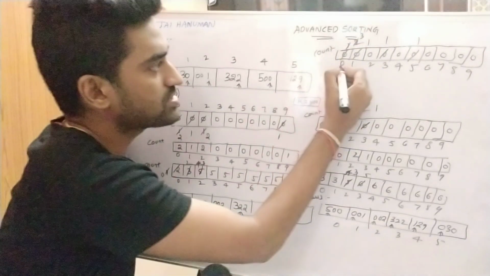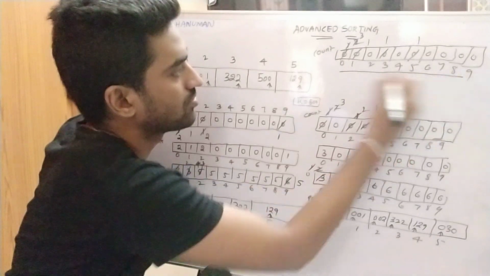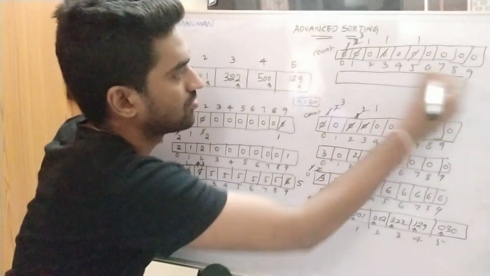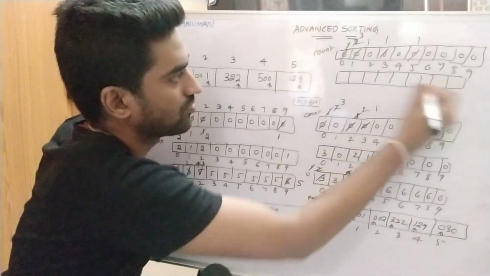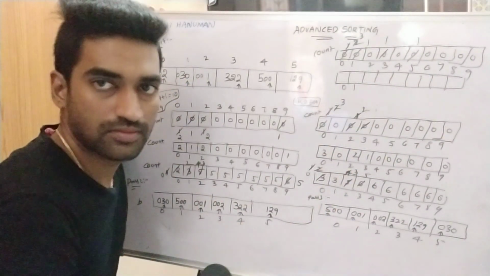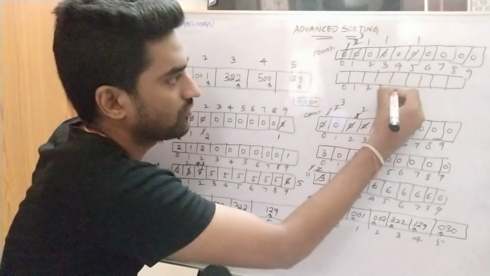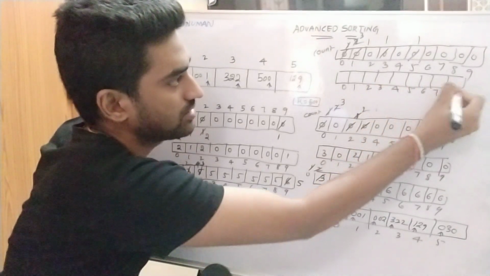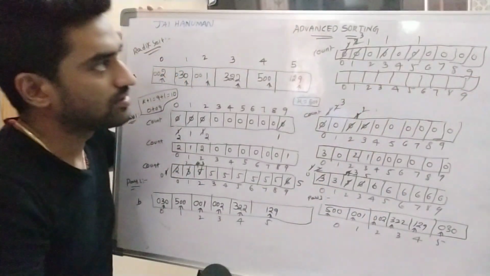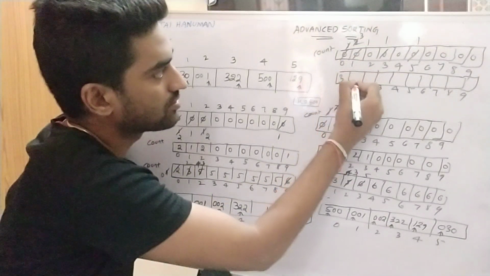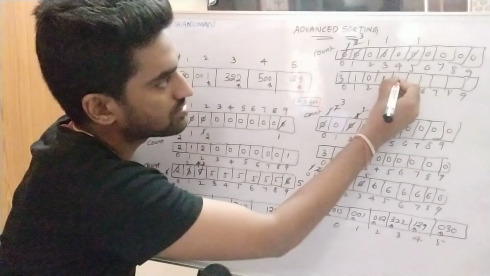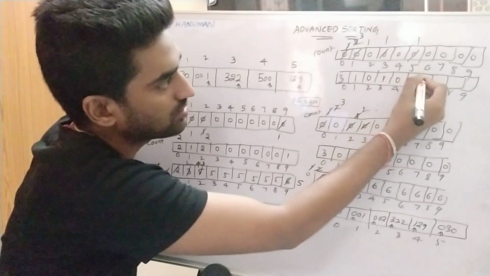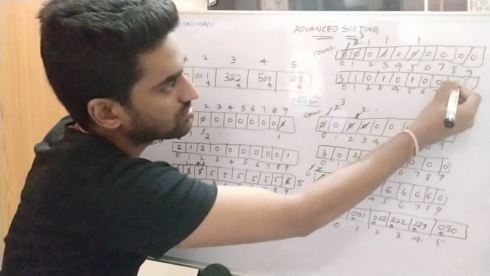Now the count array becomes, for indices 0 to 9: 3, 1, 0, 1, 0, 1, 0, 0, 0, 0.